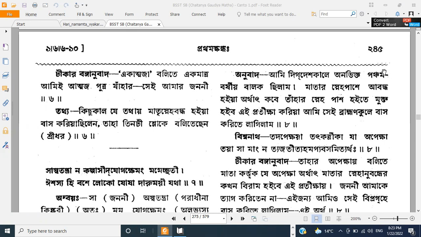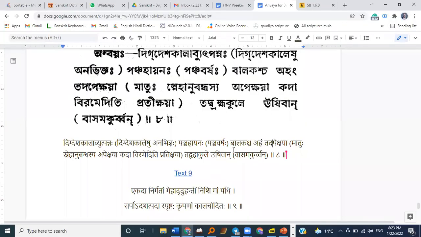When from the ties of her affection will I become free? Awaiting this, I began living in that Brahmin school. Yeah, okay. So yeah, like that.